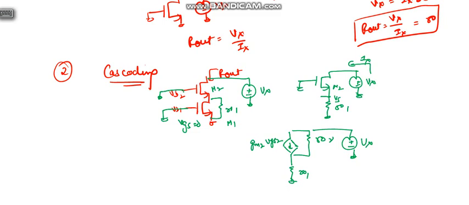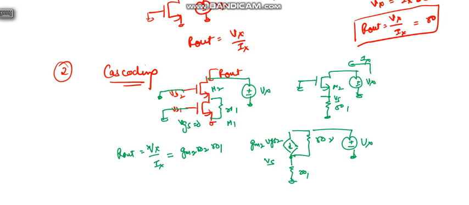Now we apply KCL, and solving this circuit we find Rout equals Vx upon Ix equals gm2 RO2 RO1.